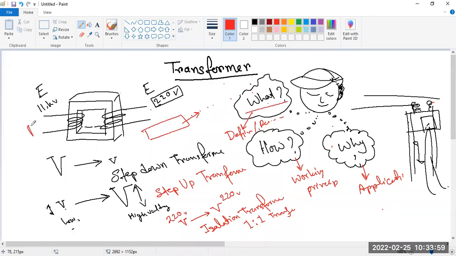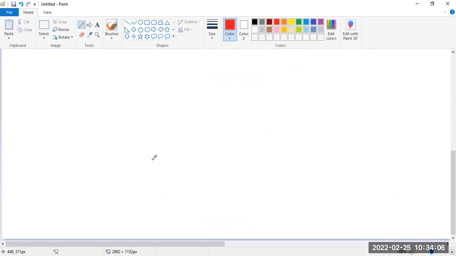We are giving power, and we are also drawing power. Power in electrical terms is V into I, where I means current. Actually we write V into I cos phi, because we are talking about AC.